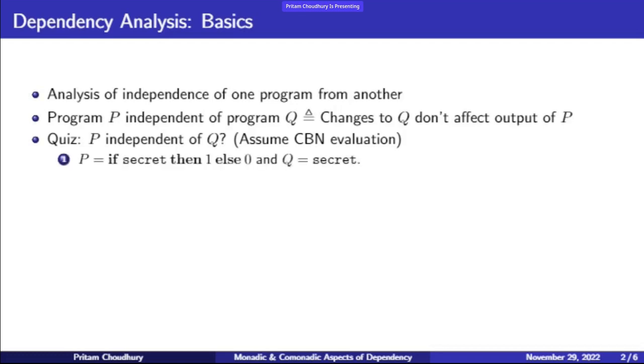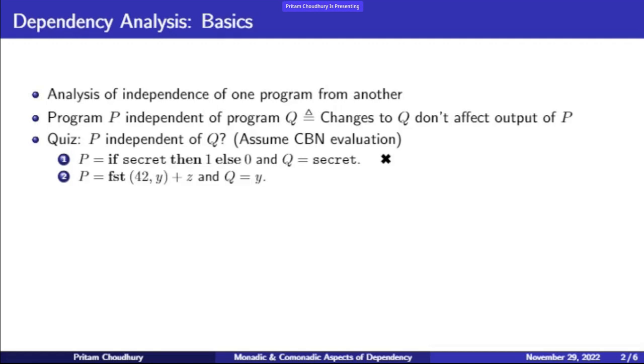The first question: P is if secret then 1 else 0, and Q is secret. Is P independent of Q? The answer is no, because if secret is true, then P would output 1, and if secret is false, then P would output 0. So P is not independent of Q.